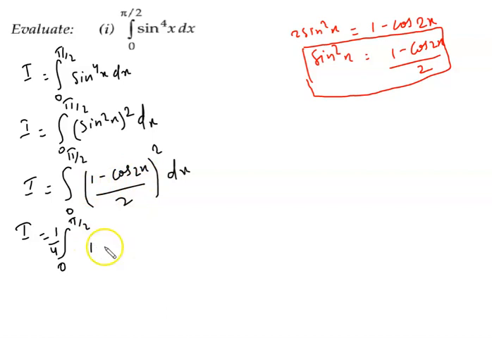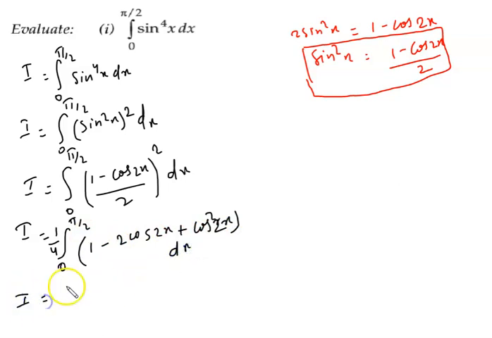So we can write 1 minus 2 cos 2x plus cos square 2x, dx.